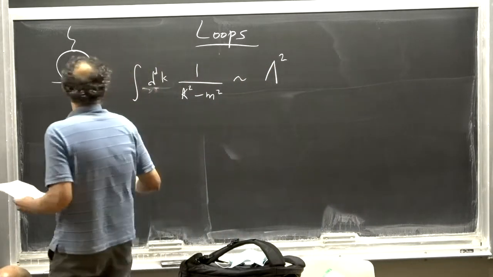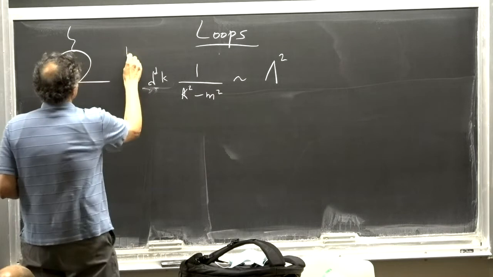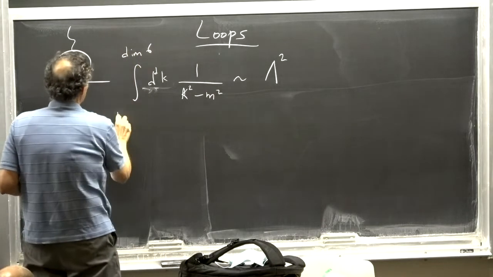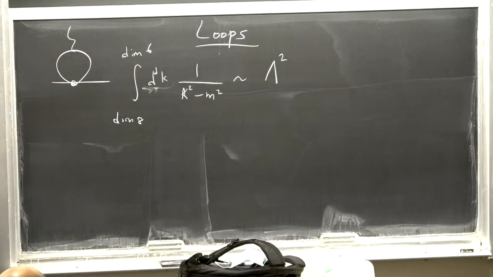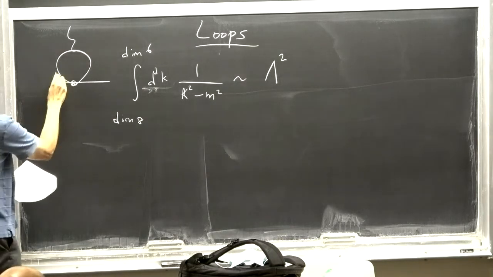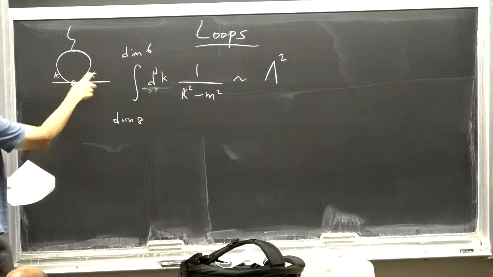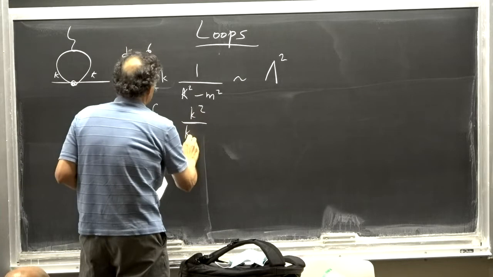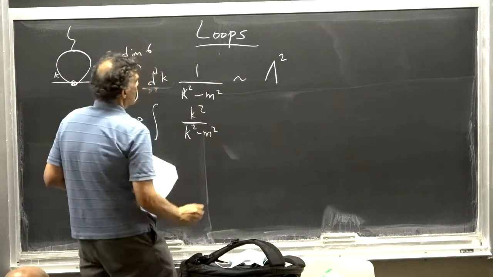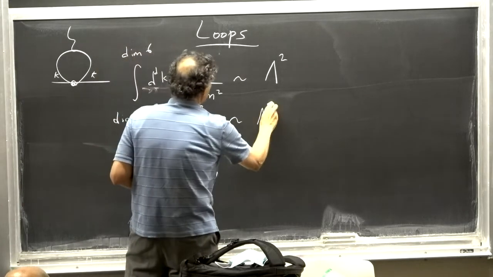And if you had a dimension 8 operator, so this is dimension 6. If you had dimension 8, there are 2 more derivatives in there, which means at this vertex you will get 1 factor of k from each derivative. So you're going to get k squared over k squared minus m squared, which will go like cutoff to the 4th, and so on.